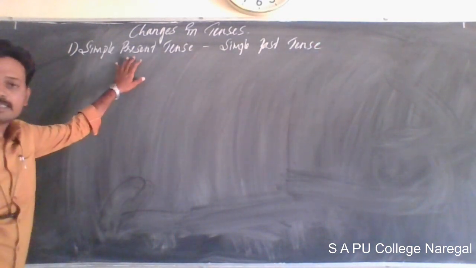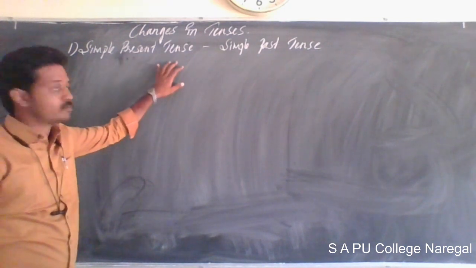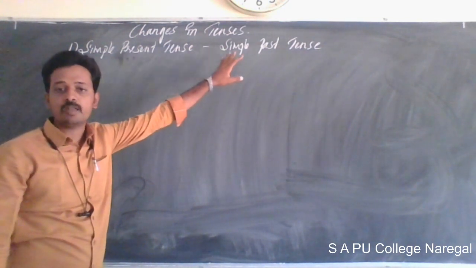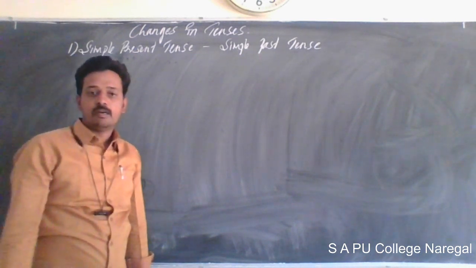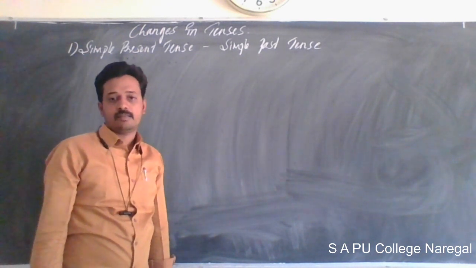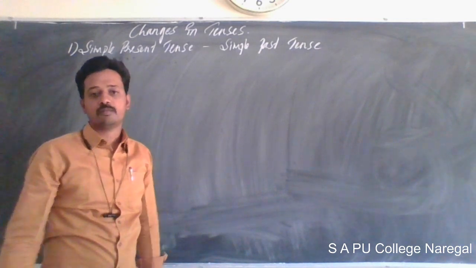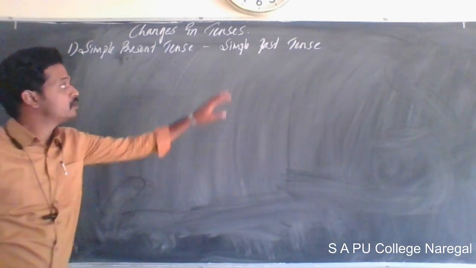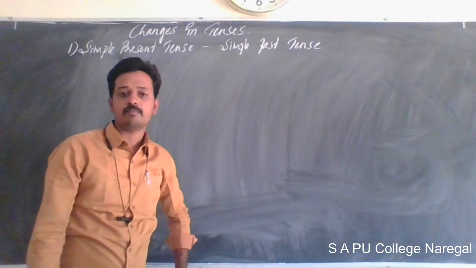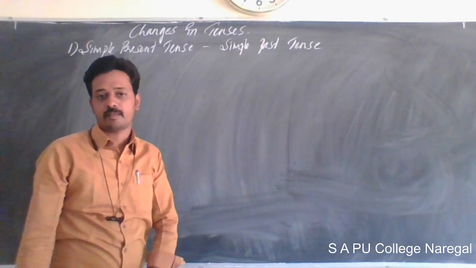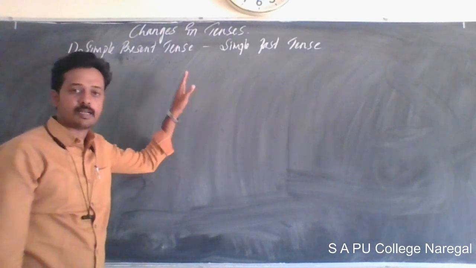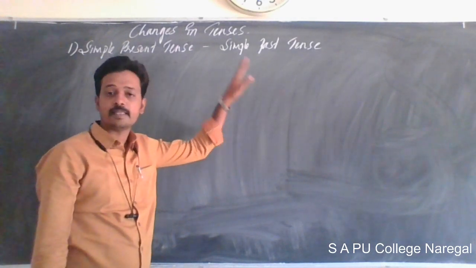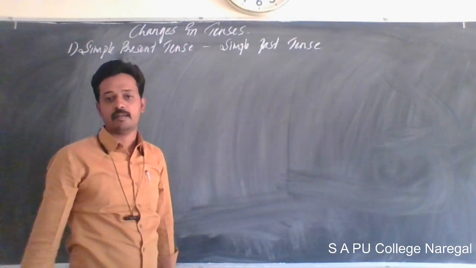If the sentence belongs to simple present tense, we have to convert it into simple past tense. For example, Ramesh said, I am unwell. While converting it into indirect speech, Ramesh said that he was unwell.